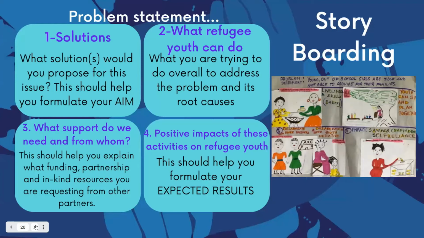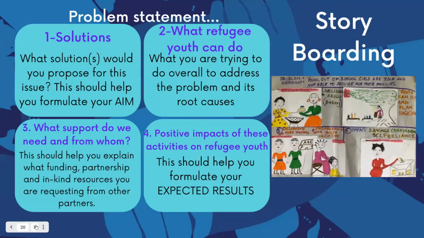That is their problem statement. They went further and said there need to be livelihood skills opportunities where they can learn different skills, whether it's baking or even just tailoring. So they identified that the solution they really need is life skills training.